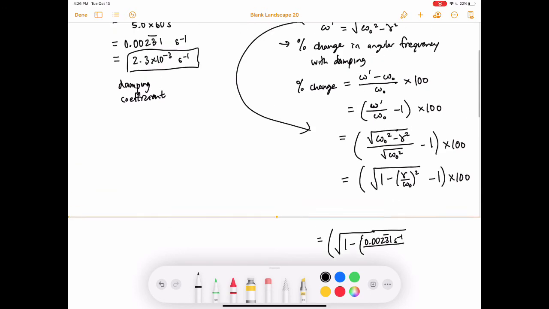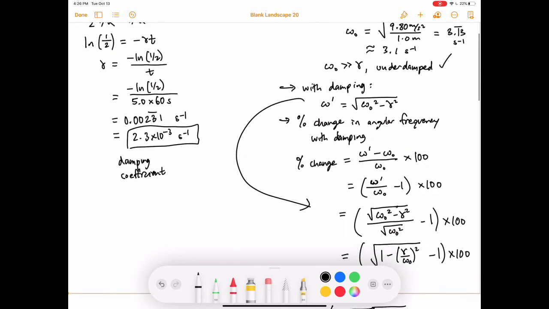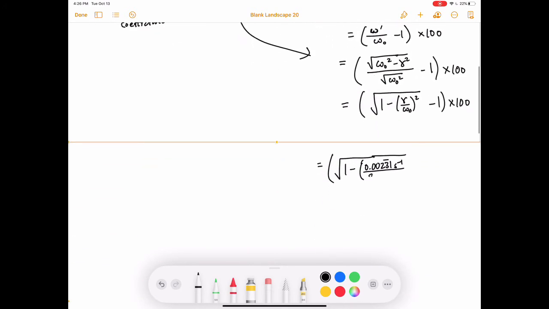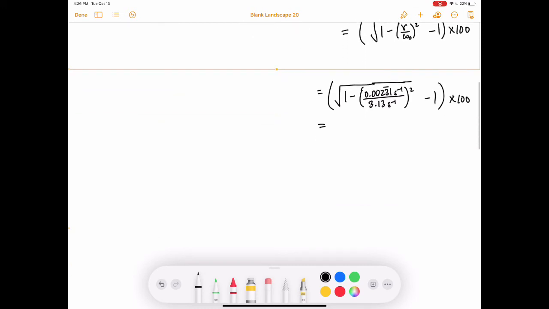And then omega naught, if we go up here, was 3.13 inverse seconds. We're squaring that whole thing. And then we're subtracting 1 and then multiplying by 100. So if you calculate this, it's absolutely minuscule. It's a tiny, tiny percent change.